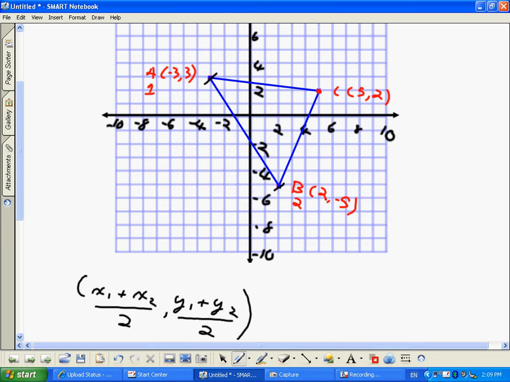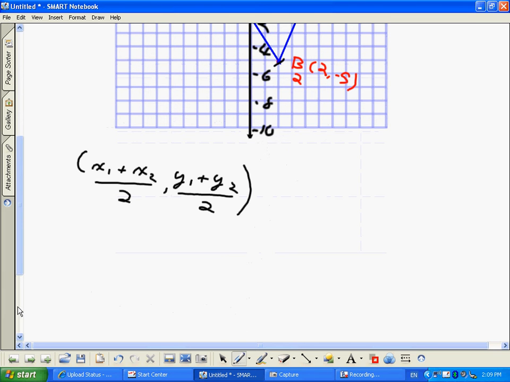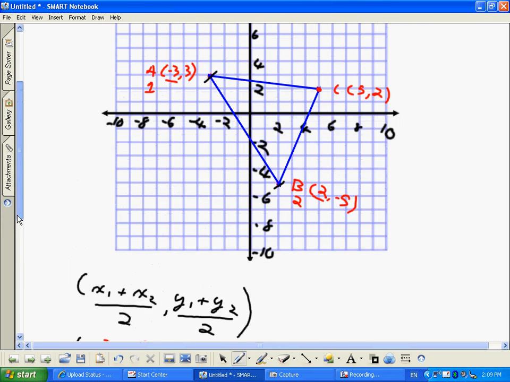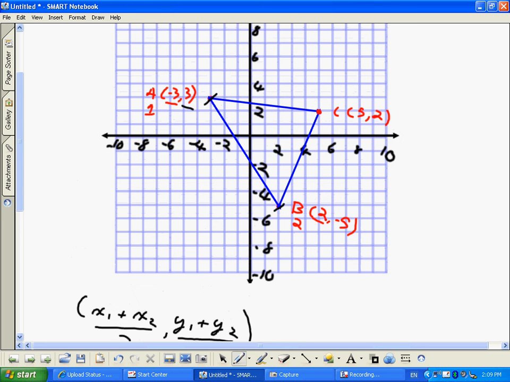So x1 will be negative 3. X2 will be 2. Y1 will be 3.